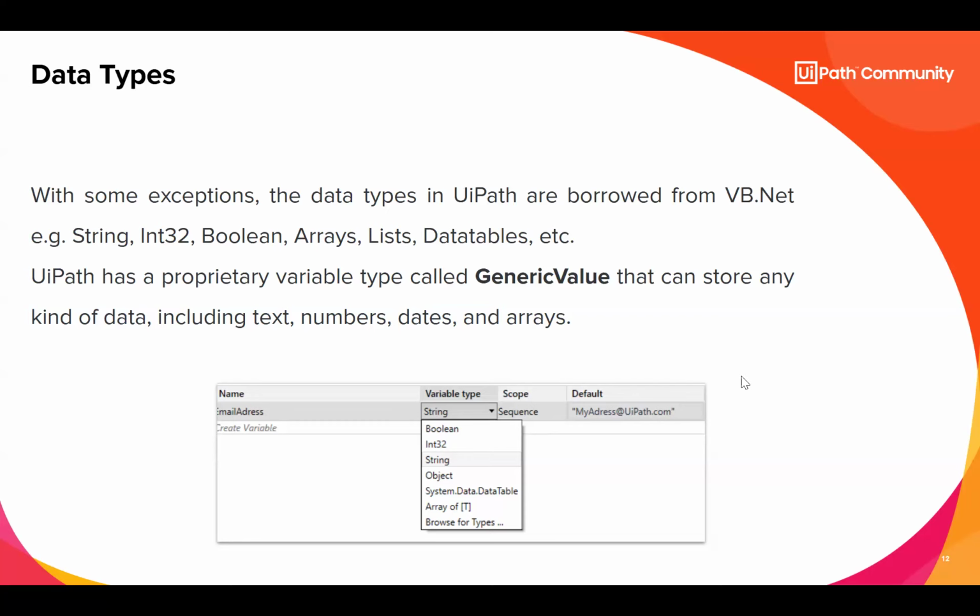And another interesting fact that you should know is that UiPath has a proprietary variable type called the generic data type. This data type can store any kind of data, including text, numbers, dates, arrays, and so on. Okay.